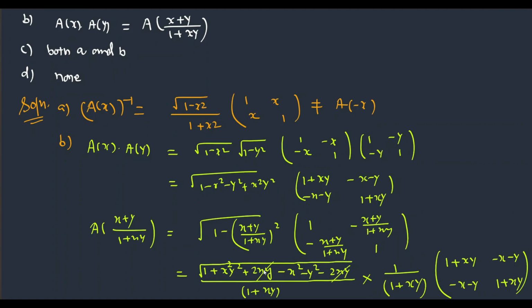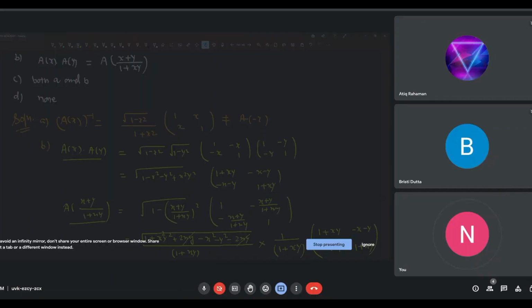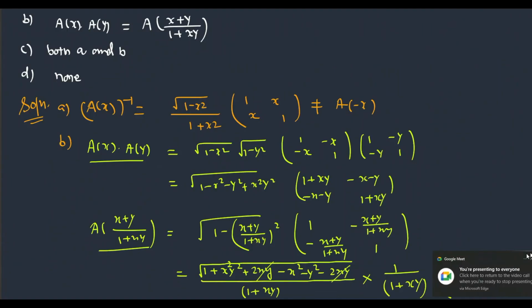If these two factors cancel out, then we can say that this thing is equal to this one. Okay, now it is okay, so therefore none of the options is correct. D is the correct option, because here one factor is left, this factor 1 plus xy.